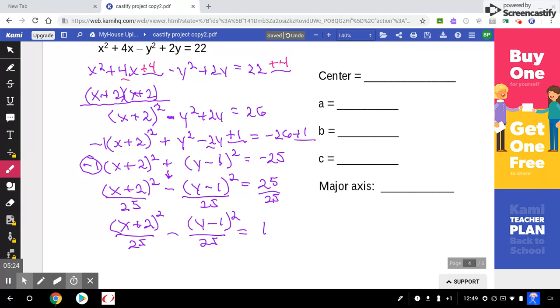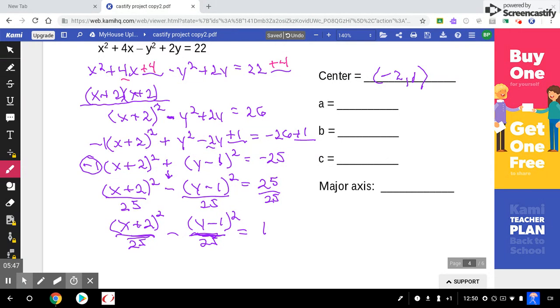So we could at least fill in some information over here on the right. We've got a center, and I've got my positive 2 down here. So I know that my center is going to be -2, comma, and I've got a -1 over there, so I know I got a +1. So -2, comma 1.